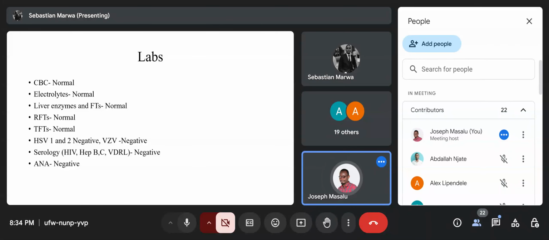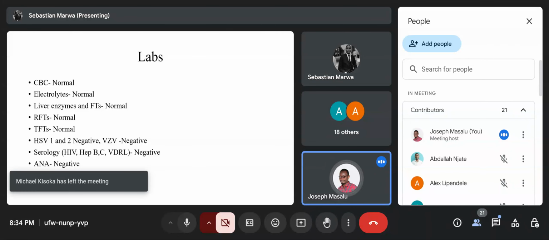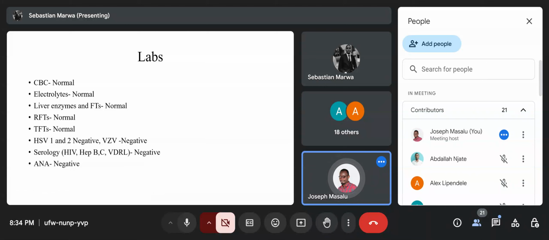HSV 1 and 2, we don't expect them to present like this. By the way, VZV, not bullous, I believe, and I don't see others to discuss in these labs. What I have in this patient is something which should probably be made clinically. Yeah, maybe we proceed.